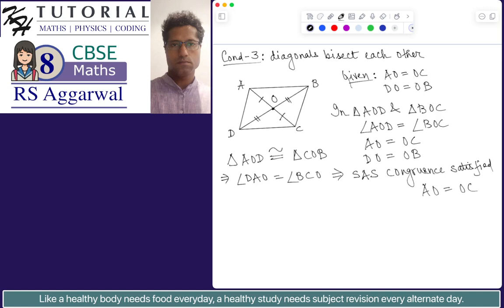So we have this angle equal to this angle, DAO is equal to BCO, and we see that AC is transversal to AD and BC, and the angles DAO and BCO are alternate interior angles.